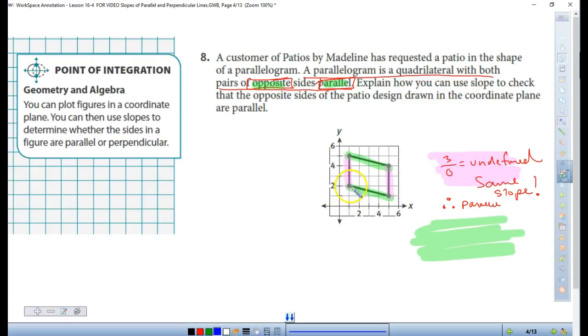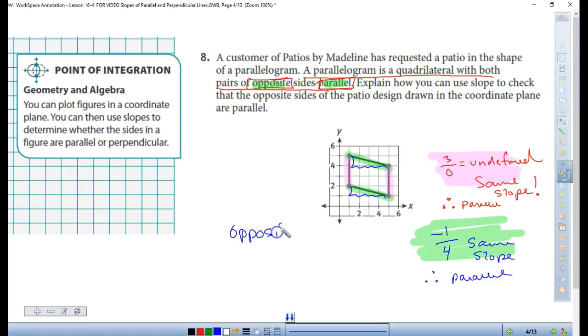On these green ones here, they're going down 1 over 1, 2, 3, 4. So down 1 over 4, in both cases. That's, again, the same slope. Therefore, parallel.